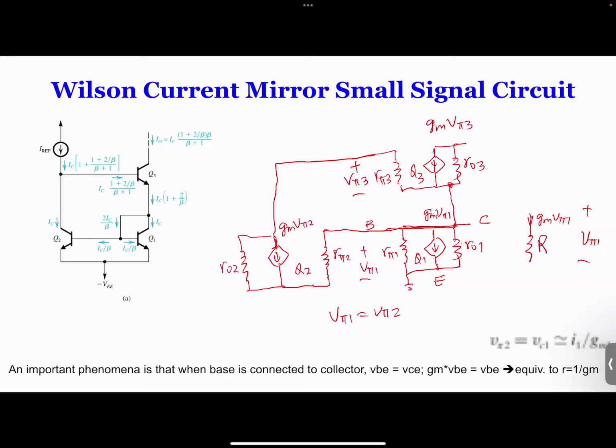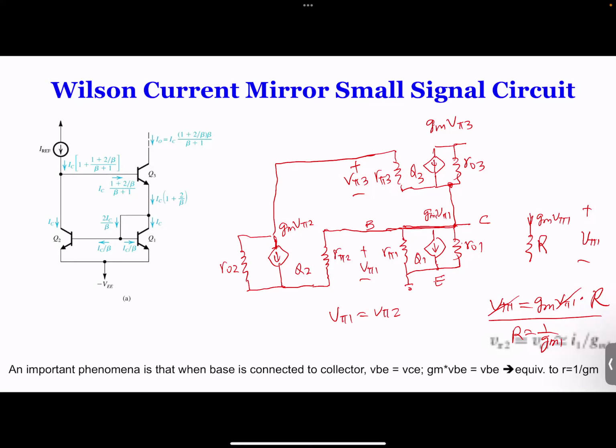And we know that gives V pi 1. So we have V pi 1 equal to GM times V pi 1, which is the current, times R. That gives you the voltage. So current times resistance gives you voltage. Now you have V pi 1 on both sides. It cancels. Then we got GM times R equal to 1, which means R equal to 1 over GM1. So that's why you can eventually replace this one with the resistance of 1 over GM1.